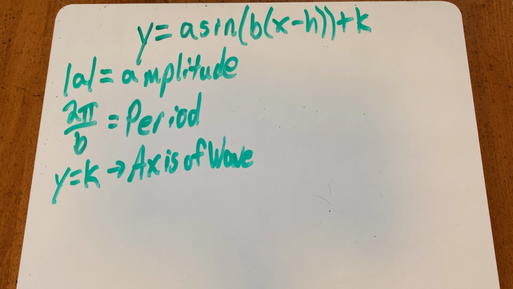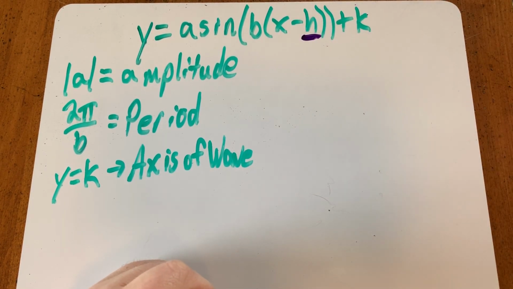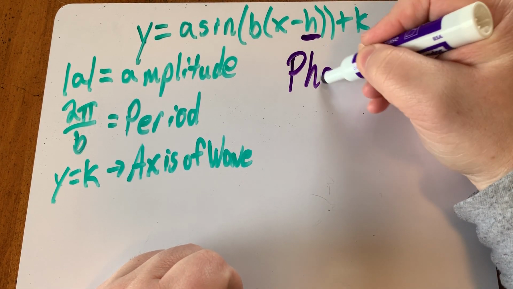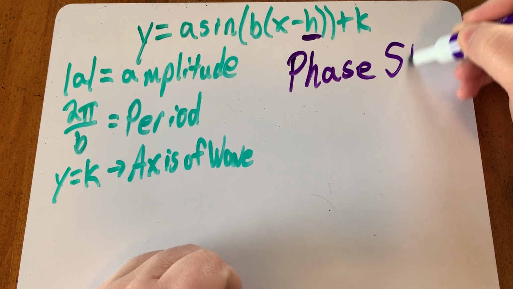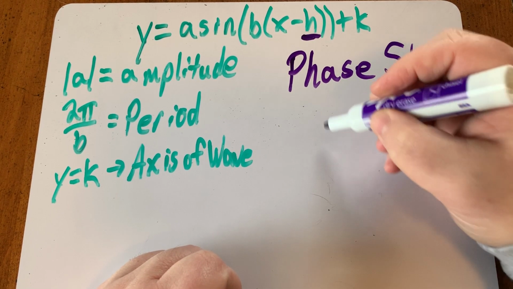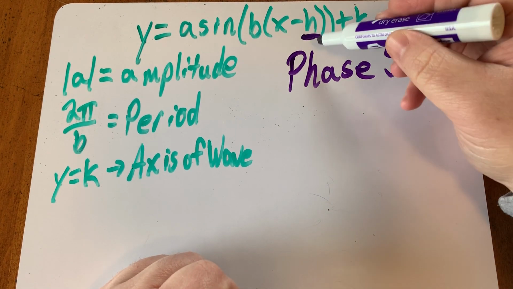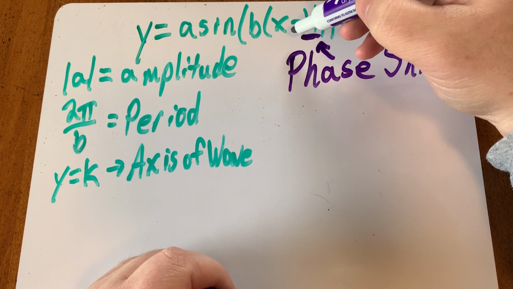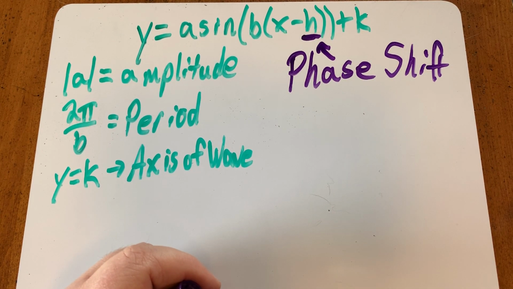But then there's this h. So this h is what tells us our phase shift. It's supposed to be minus h.